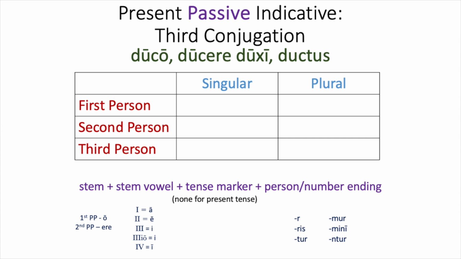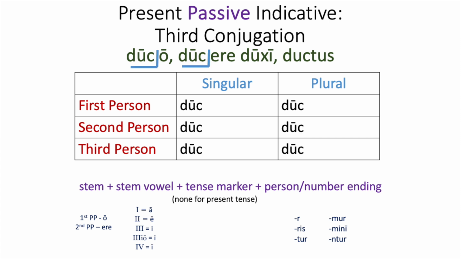If we use the example of third conjugation, we'll use duco, ducere. You find your stem, duc. Remember, because it's a short E, you can't take that stem vowel from the second principal part, so make sure you cut off that -ere or the -o from the first principal part.